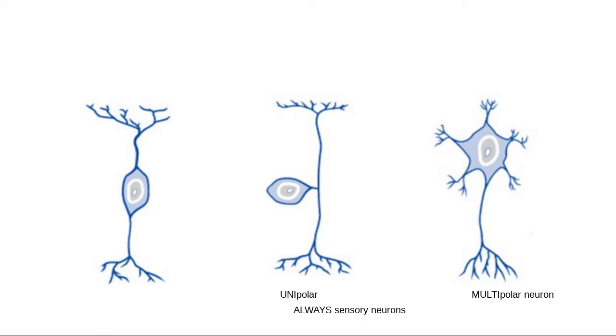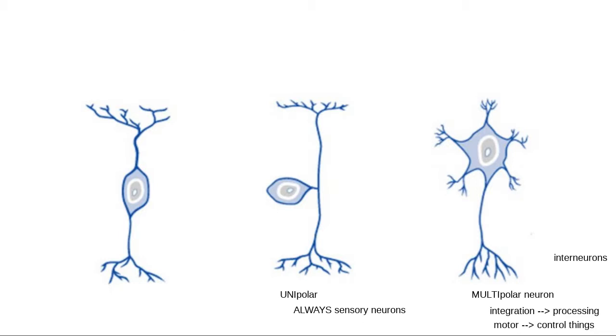Multipolar neurons do that thing called integration or processing. The other thing that multipolar neurons do is we call them motor neurons, so they control things. Multipolar neurons either can be motor neurons or they can be integrating neurons. I think the word we use in our lab packet is interneurons.